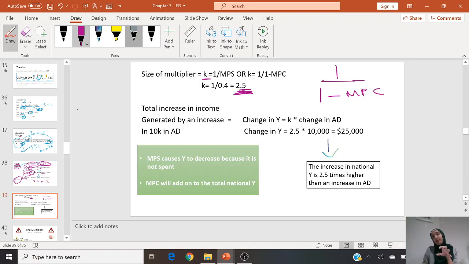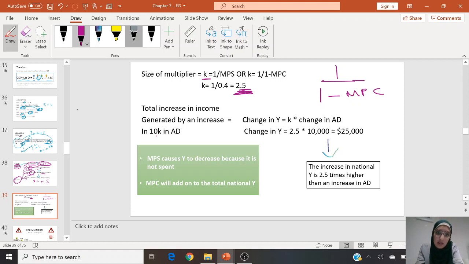If the government or foreign investors invested $10,000, I want to know the end result, the end increase. All I need to do is multiply 2.5 by 10,000. That's it, and then I get the answer.